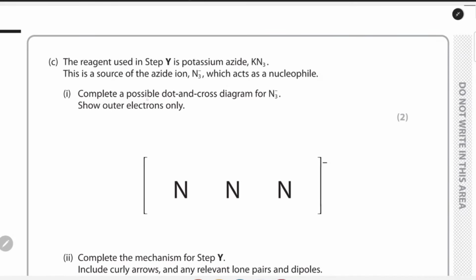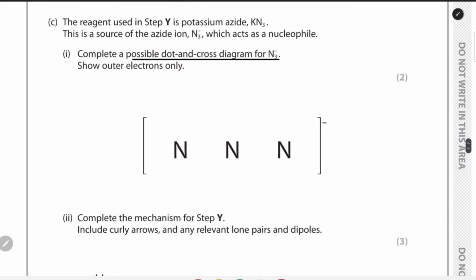Now in part C we have to find the possible dot and cross diagram for N3-. I'll use a cross to represent the electrons of the first nitrogen, a circle for the second, and a filled circle for the third. We have one extra electron than we usually have. Normally we have 5 electrons in nitrogen's outer shell.